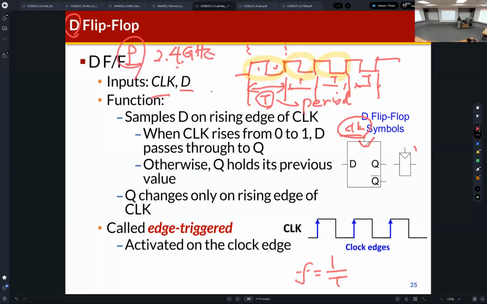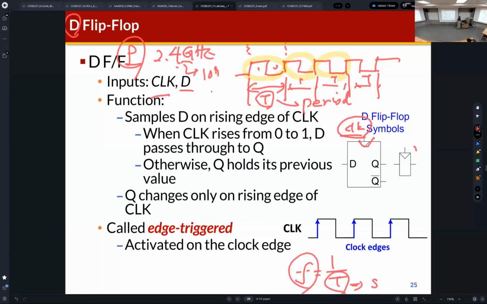So what does it mean? Giga means 10 to the 9. This period is repeated 2.4 multiplied by 10 to the power of 9 times within 1 second. The unit of T is time, the second.